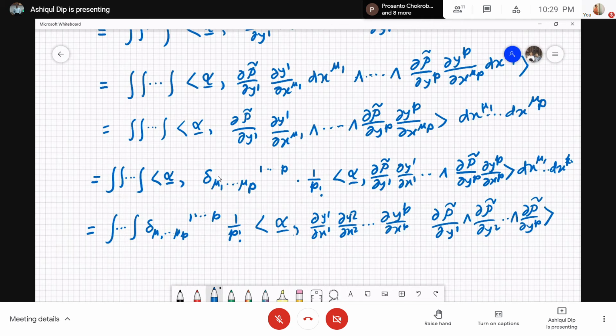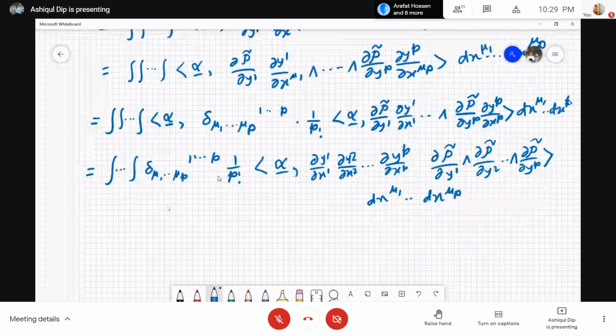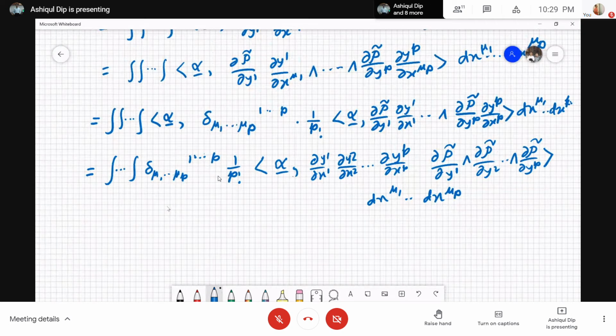Then x mu 1 up to x mu p. But I want everything in terms of x only. I do not want my y. I'm trying to change everything into x coordinates.